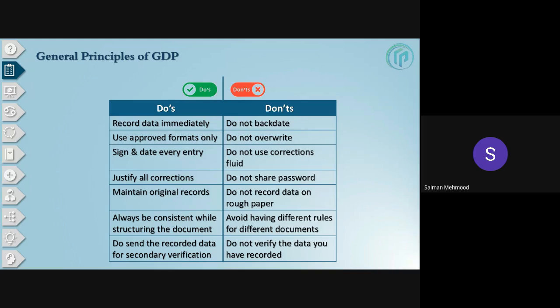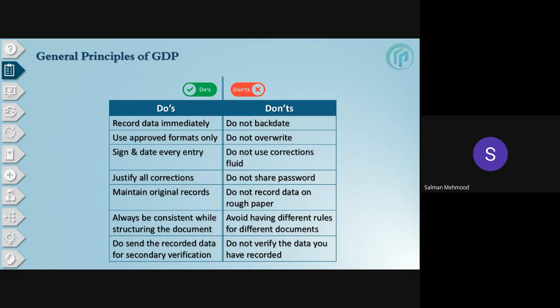Do's and don'ts. The most critical principle is record in real time, not later, and not from memory. For example, if an analyst performs a test at 10 a.m. in the morning and records the results at 5 p.m. in the evening from memory, this is not good documentation practice.